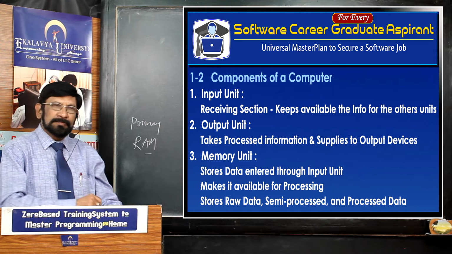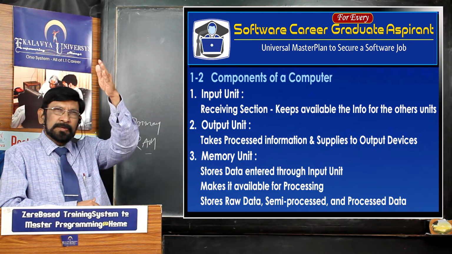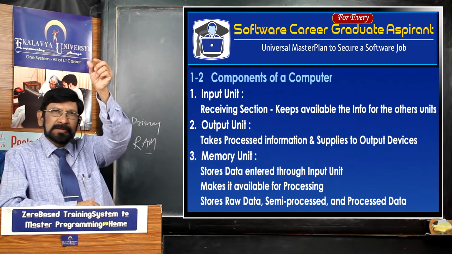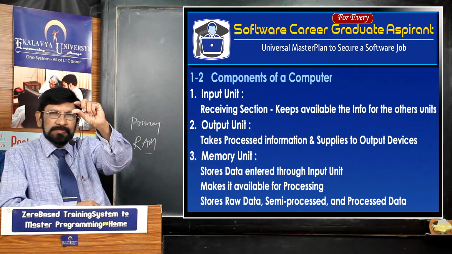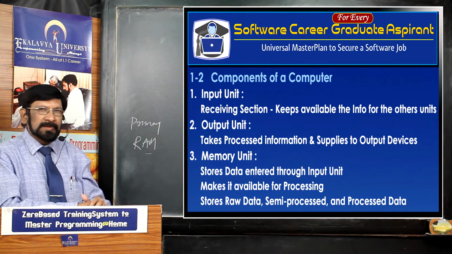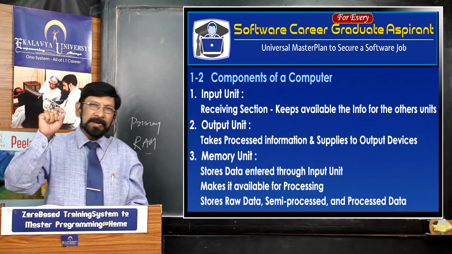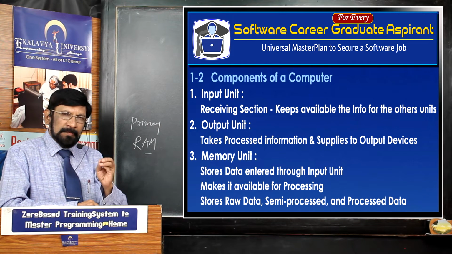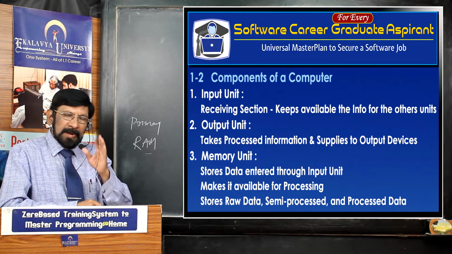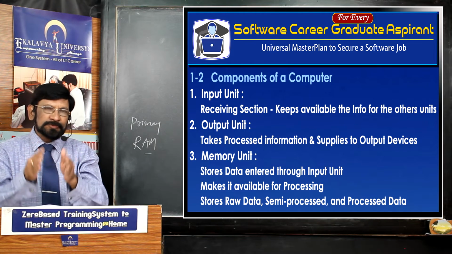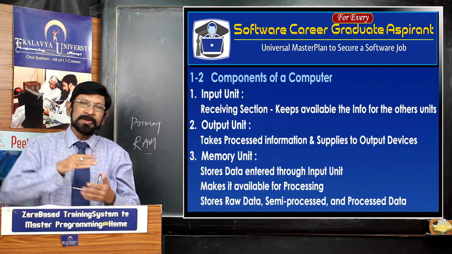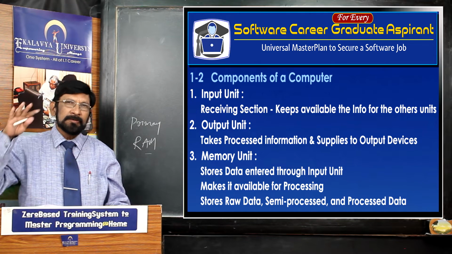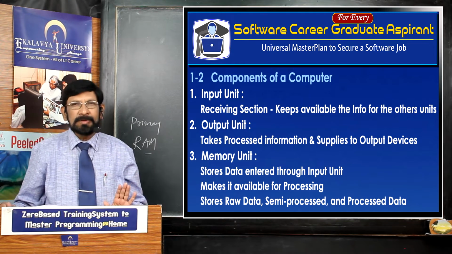Actually, this memory unit is divided into billions of bytes. Each byte is a small unit, and each byte is numbered. That is called an address. In this memory unit only, data is first stored. Thereafter, if you want to send it to secondary memory for permanent usage, you can do that.